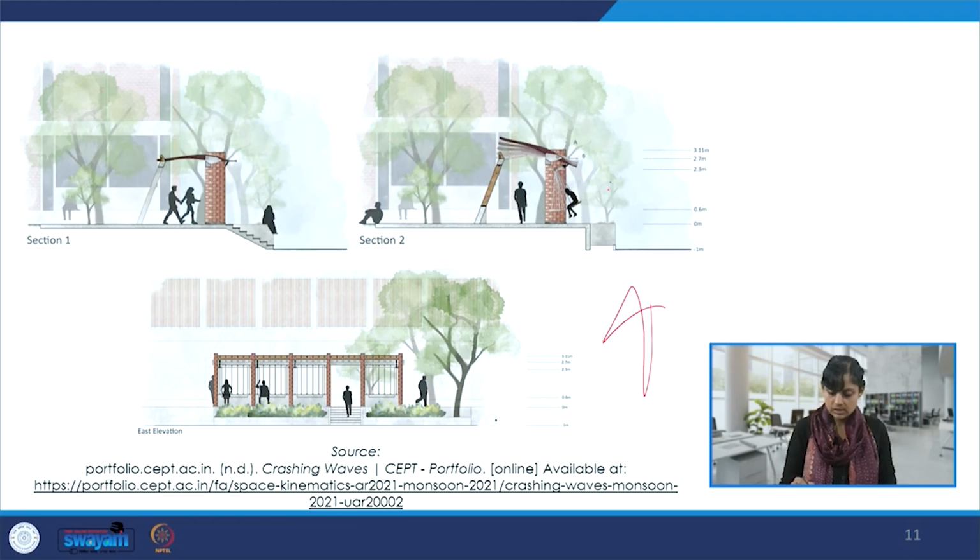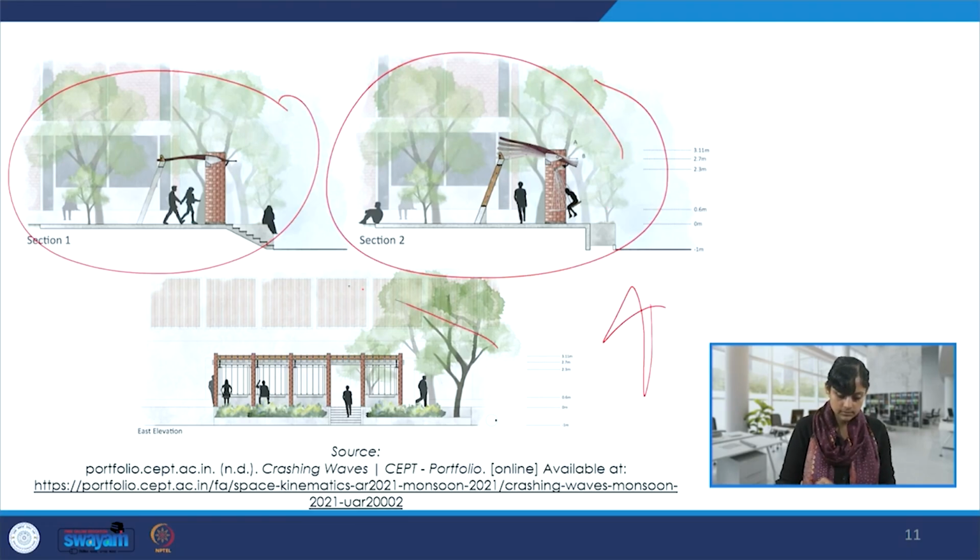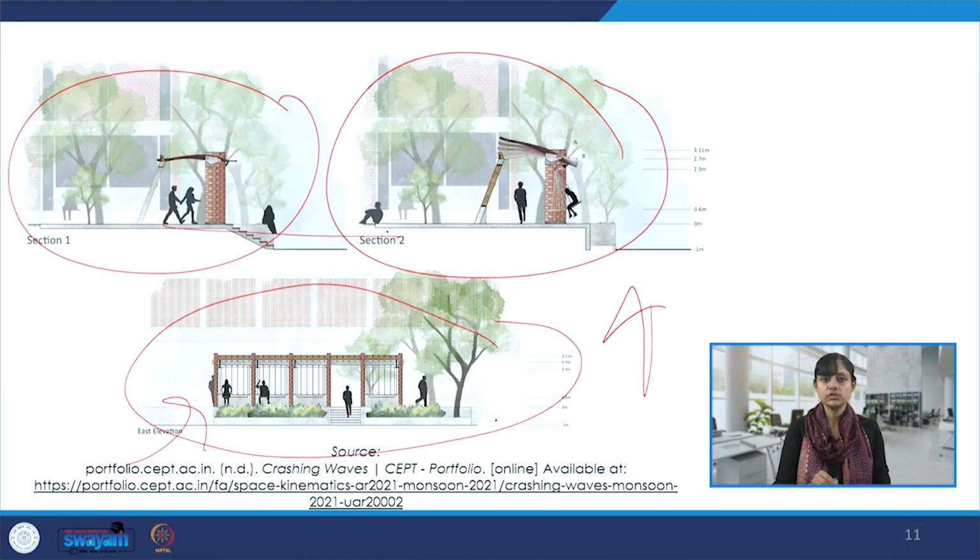More details, we saw this one. So this is one elevation, these two sections, and a very interesting and dynamic way, very engaging, and how it enhances the user experience. So that's what an installation can do to a space or a project.